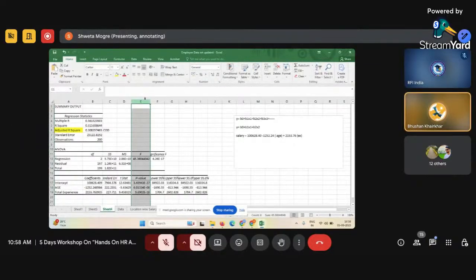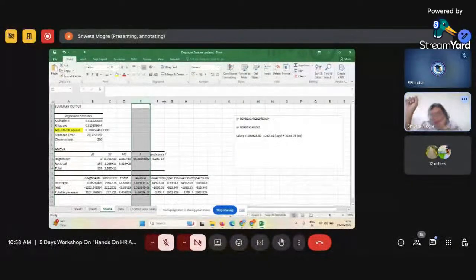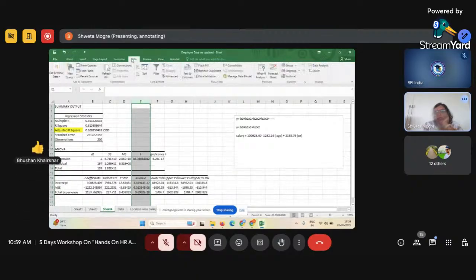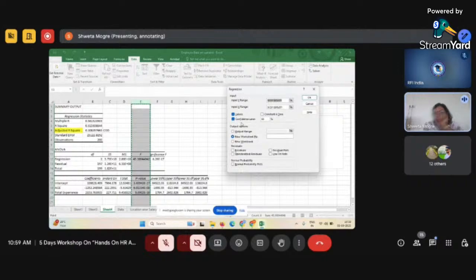Multiple regression, yes. So when I was applying the multiple regression, I ticked on confidence interval. This one, 95%. Confidence level, 95%. Remember?